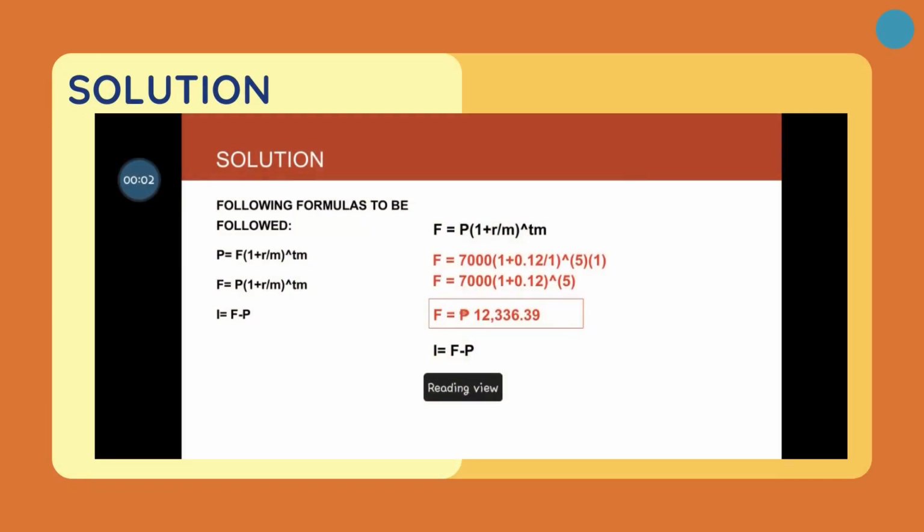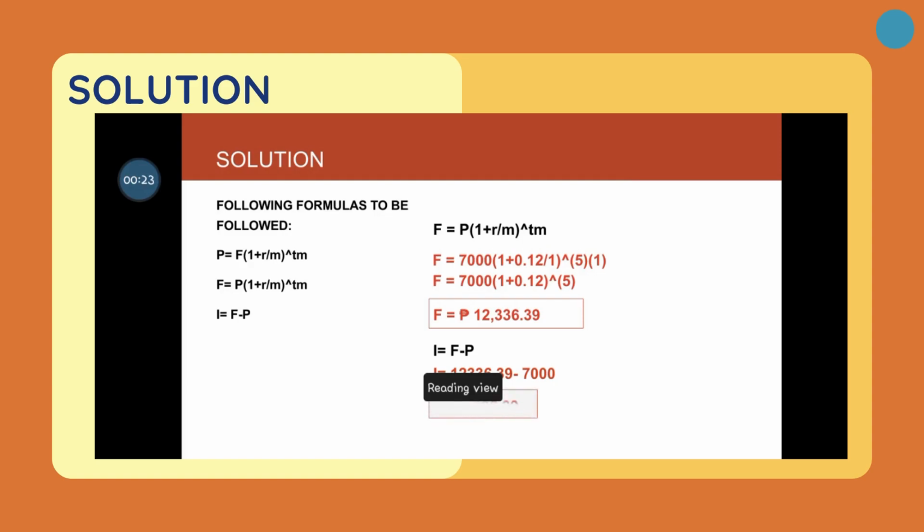Now let's proceed to the compound interest. Our formula is F minus P, or the future value minus the principal. Substitute it: 12,336.39 minus 7,000. Proceed to the scientific calculator, or calculate it mentally.